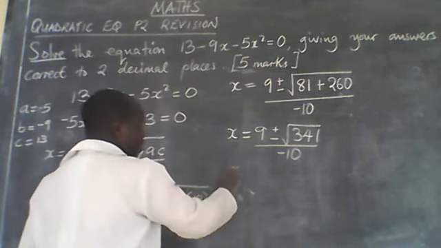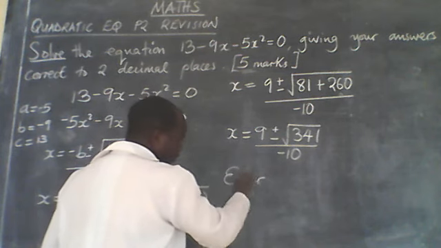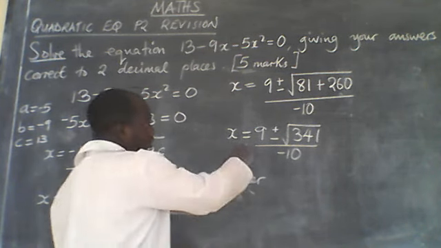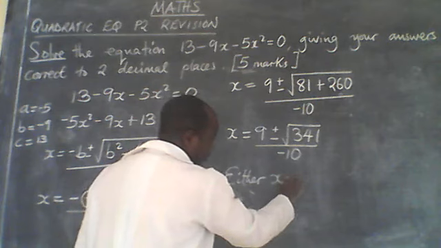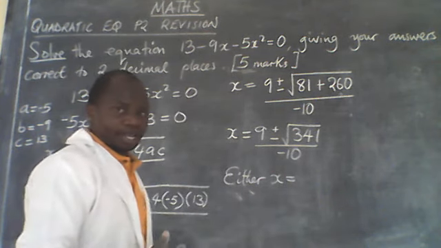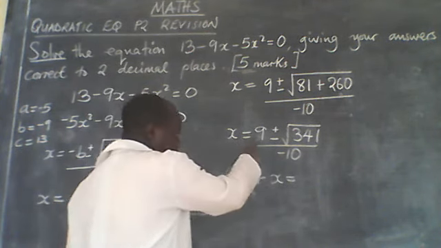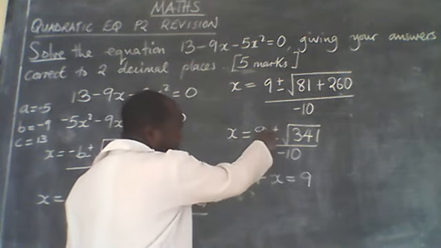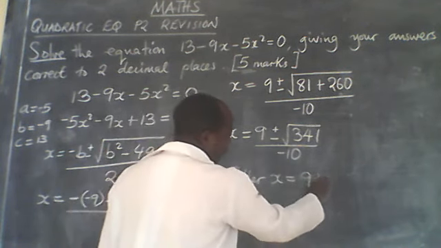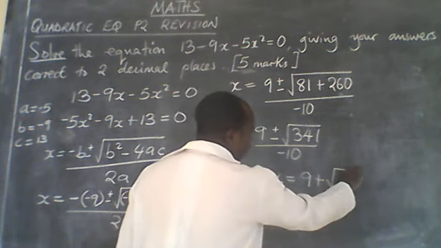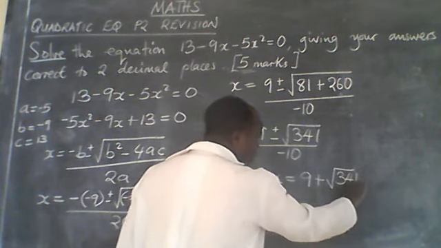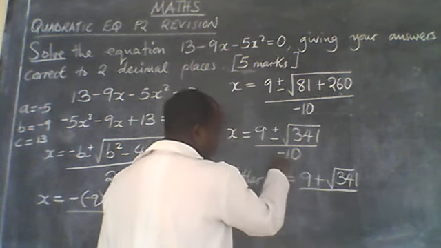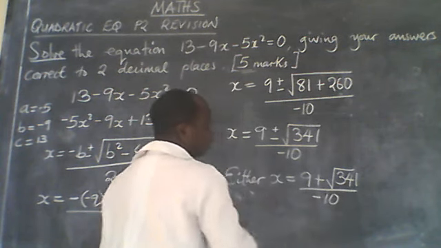So you use this word: either x is equal to 9 plus square root 341 over negative 10. See that?